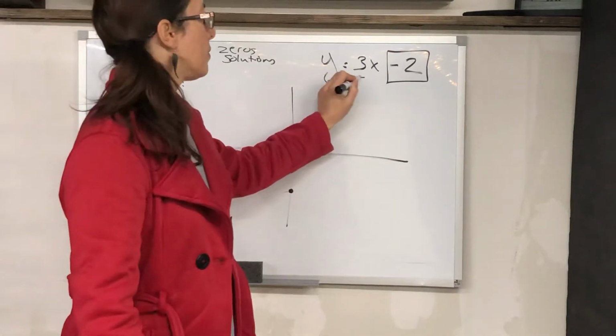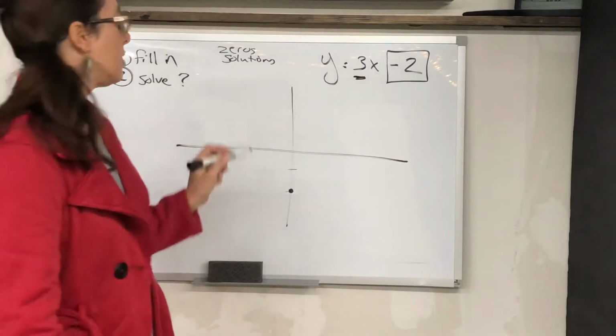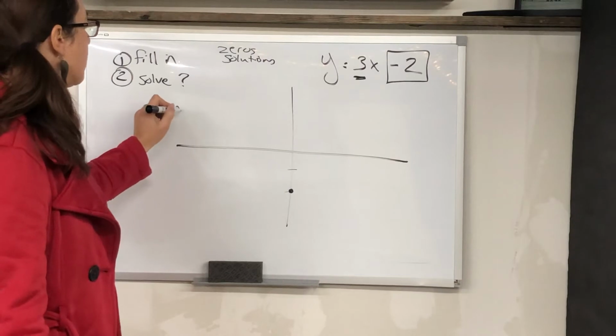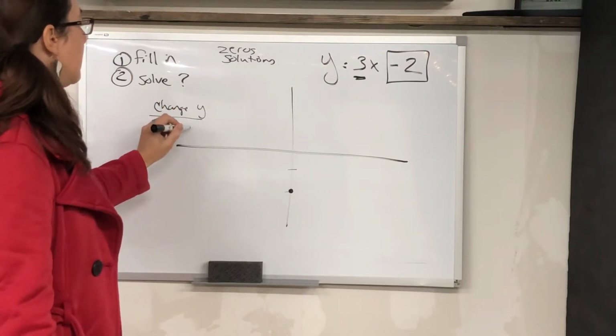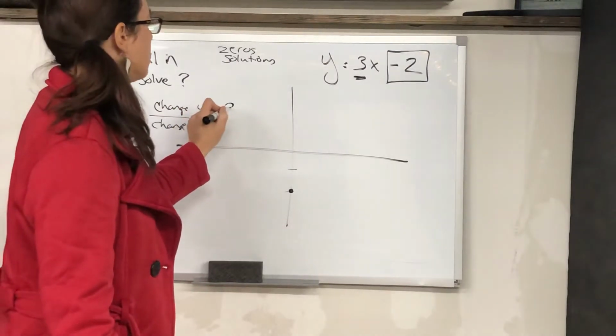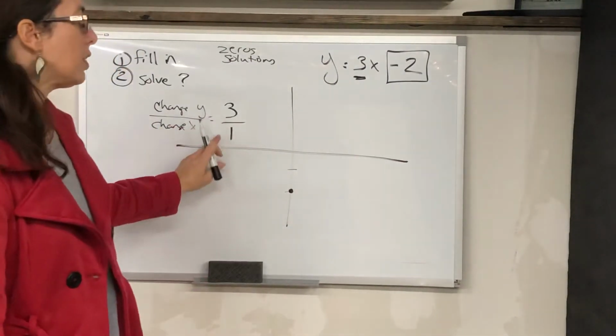Now, our slope here is our rate of change. Remember, our rate of change tells us the change in y over the change in x, okay? So in this case, it's 3 over 1. It looks just like a 3, but it's really 3 over 1.